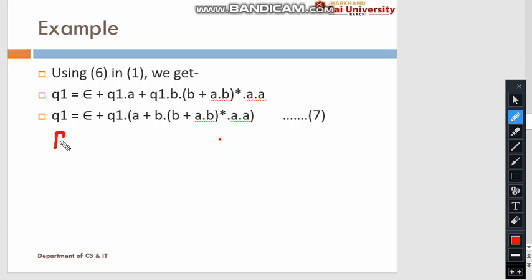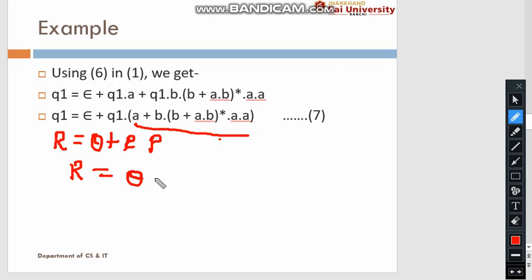If we consider q1 as R, epsilon as Q, then again we will get R, and this whole term is considered as P. So again we are getting the Arden's theorem equation. So now this can be written as R equal to Q into P to the power clean closure.